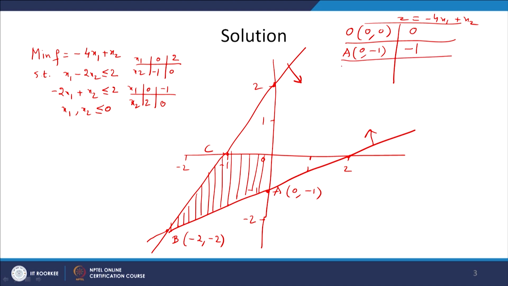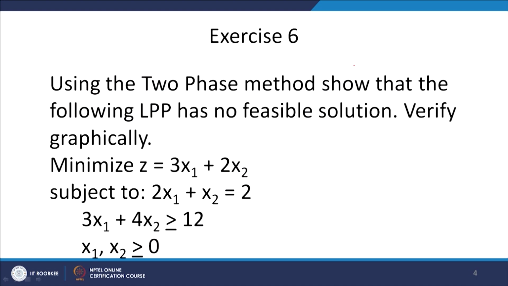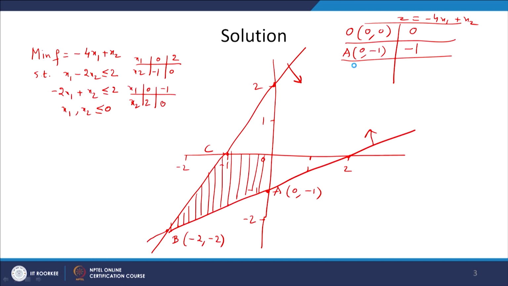At B, the point minus 2 comma minus 2, the value is 6, and at C, minus 1 comma 0, the value is 4.